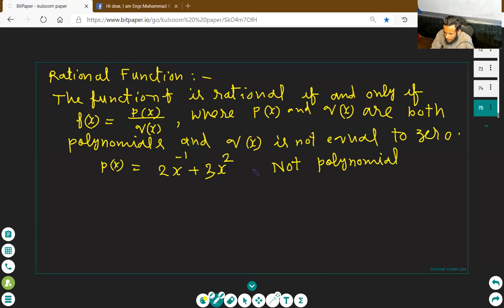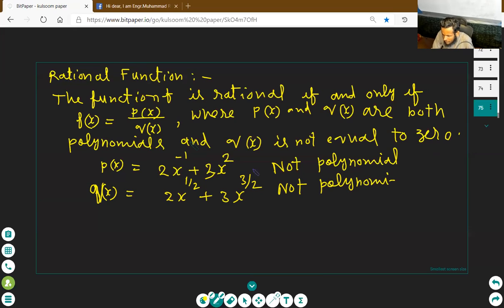Can we take the power as a fraction? I write Q of x: 2x raised to power 1 by 2. Is this polynomial or not? It's not polynomial.